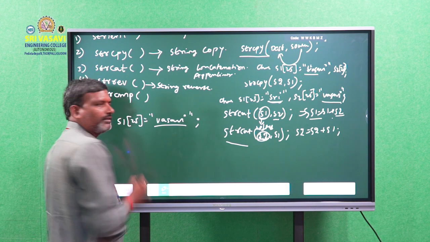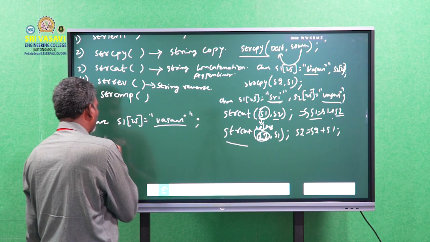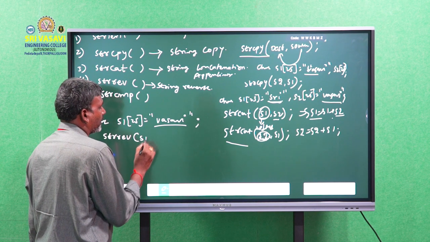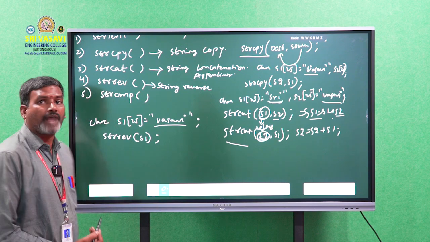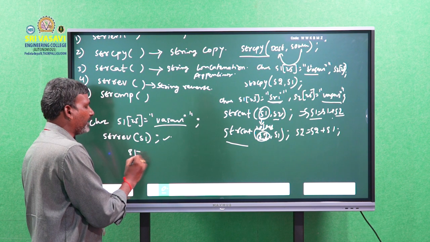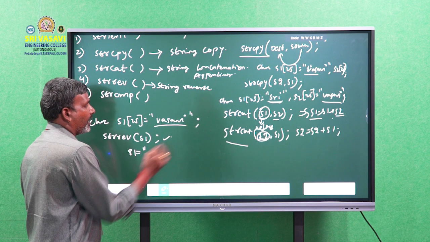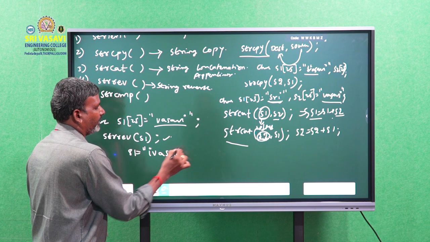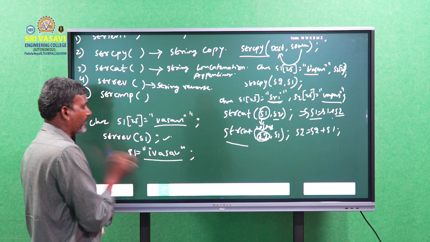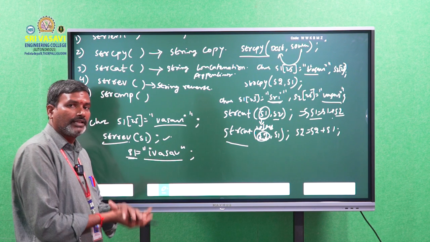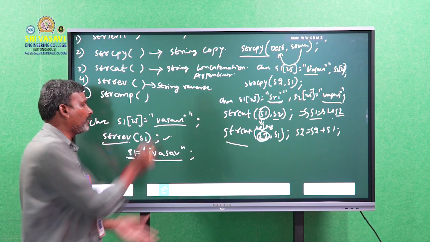I write strrev of s1. After executing the strrev command, s1 becomes Vasavi in reverse order: I, V, A, S, A, V. So after executing strrev, s1 is updated to the reverse of the original string.